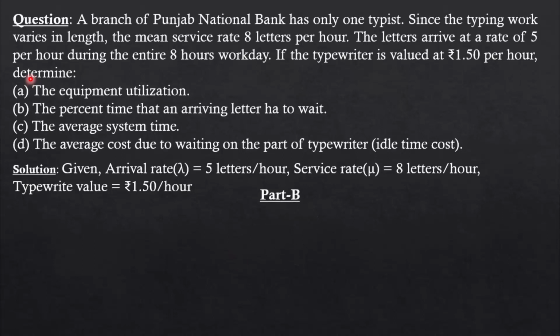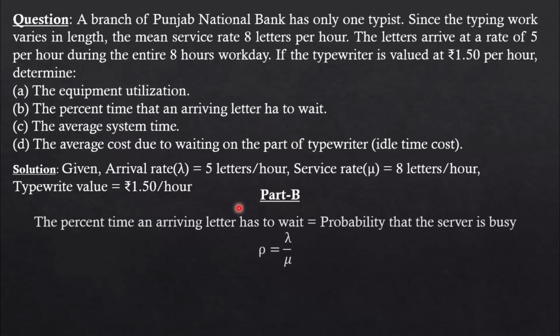It says the percent time that an arriving letter has to wait. So the percent time an arriving letter has to wait is equal to the probability that the server is busy. The probability that the server is busy is also known as the utilization factor, which shows the amount of time the server is utilized, and it is represented by rho, which is equal to lambda by mu.